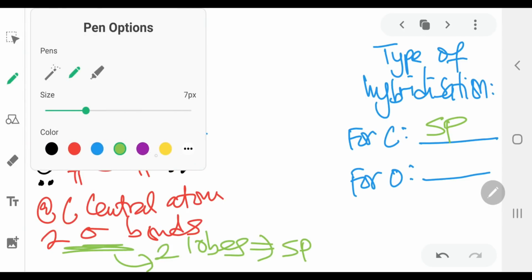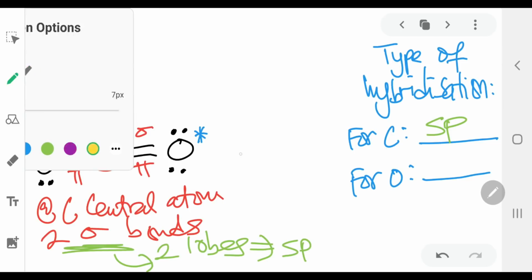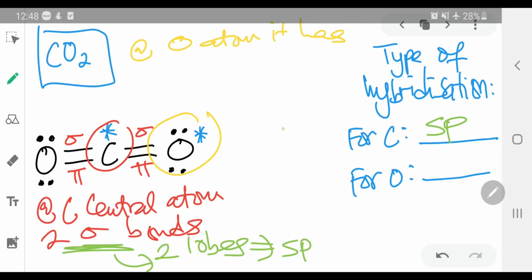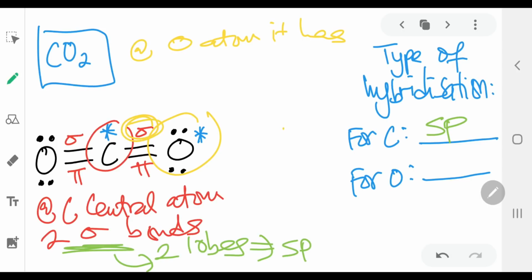What about this one over here? Okay, so at the oxygen atom, it has 1 sigma bond, and it has 2 lone pairs.